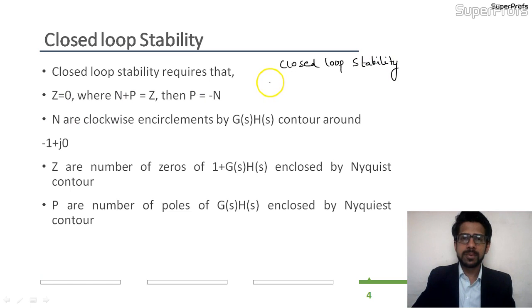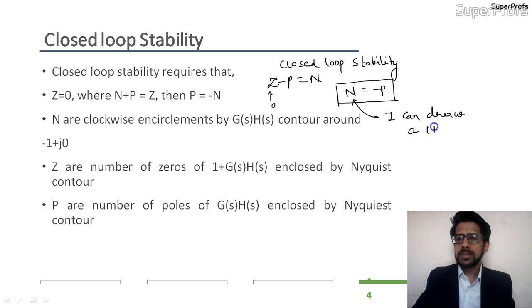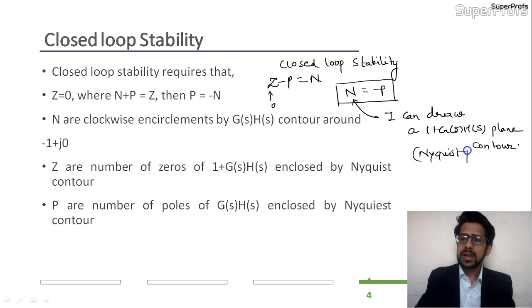And in the equation, if you put Z equal to 0, you get N is equal to minus P. Now I know what is the value of N, as I can draw a 1 plus G(s)H(s) plane. Okay, or we can call this a Nyquist plot. So one is a Nyquist contour and another is Nyquist plot.